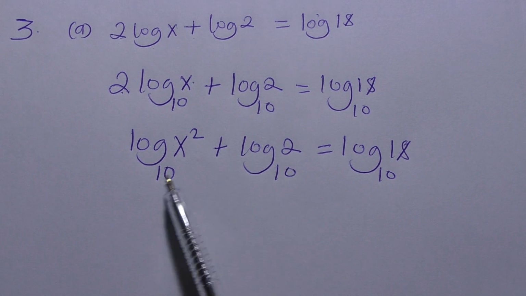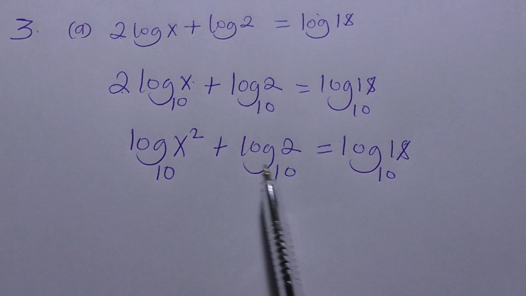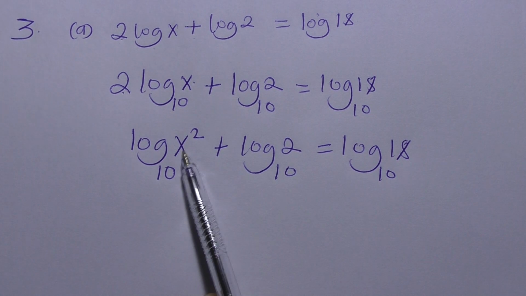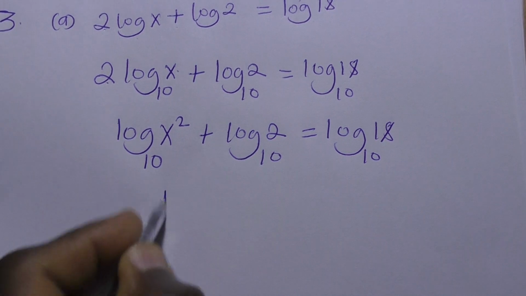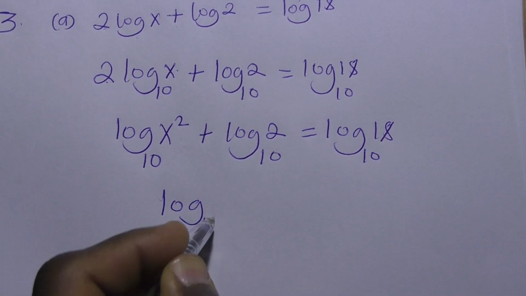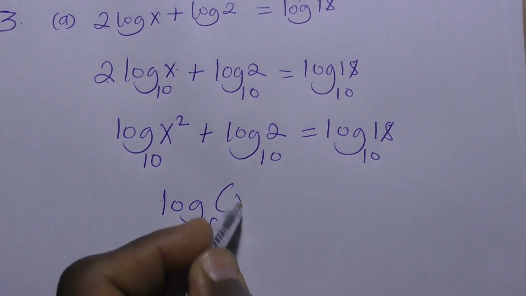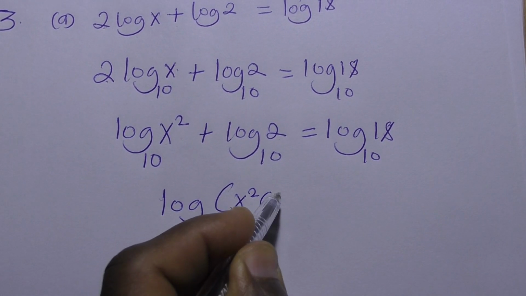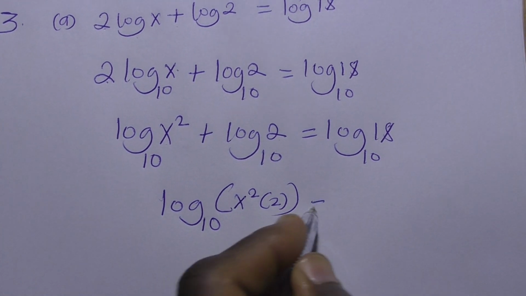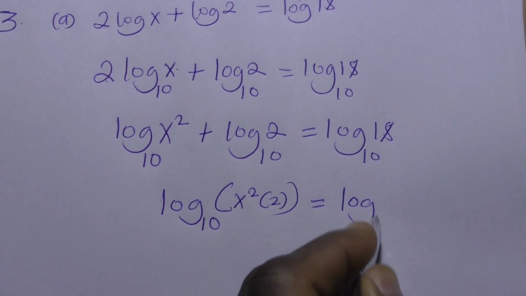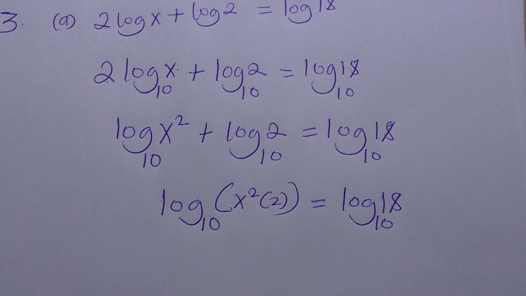logarithms of the same bases, we simply multiply the powers. That is to say, we shall consider log base 10. Now we multiply the powers, that is x squared into 2, giving us log base 10 of 18.